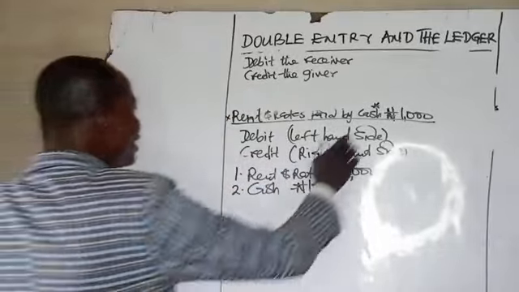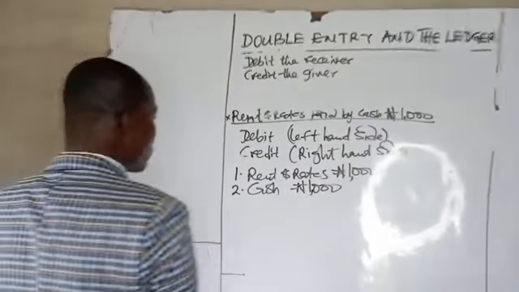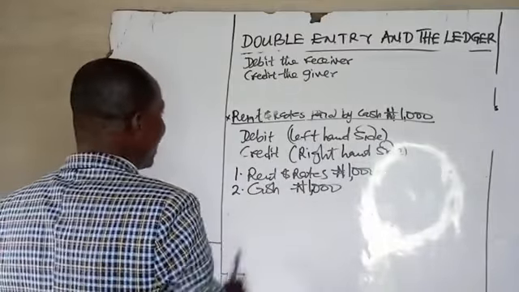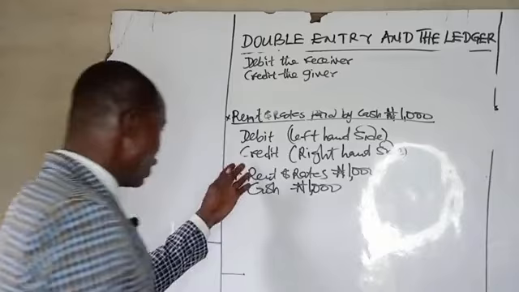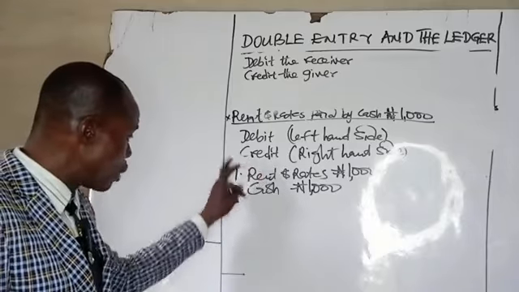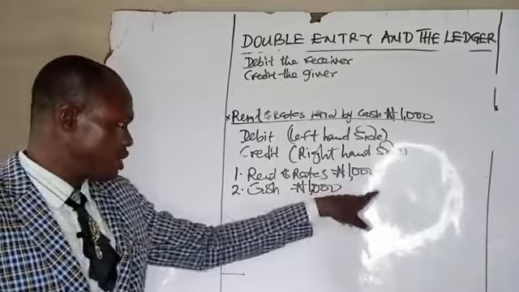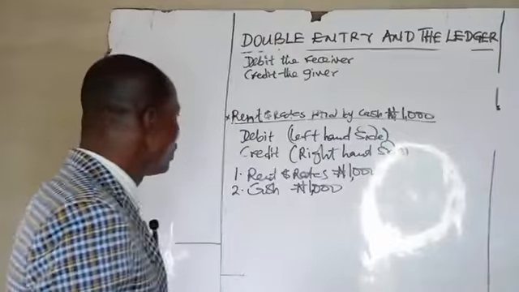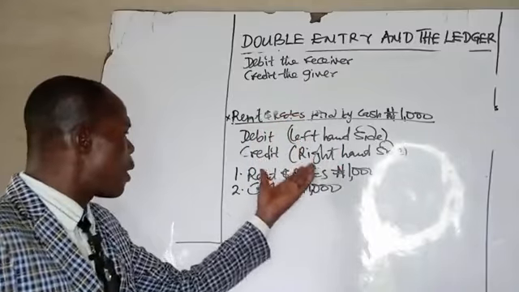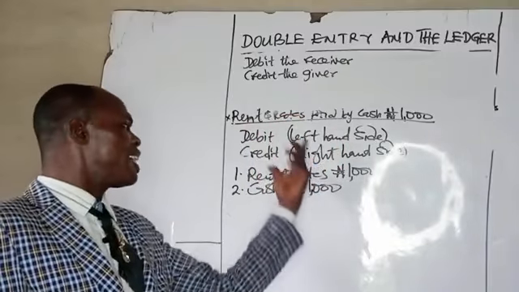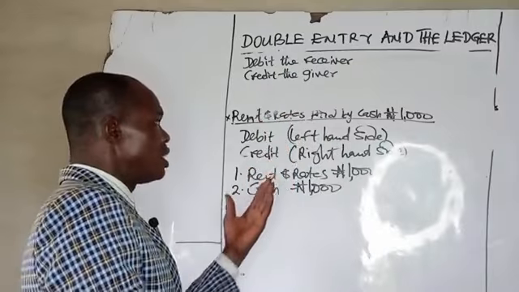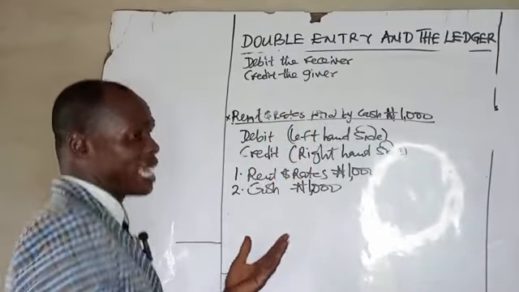Now when you look at this transaction, we say it will affect rent and rates account and cash account. You ask yourself, which one receives out of the two accounts and which one gives? Rent and rates paid by cash. You are paying for rent and rates, and you are making the payment by cash.